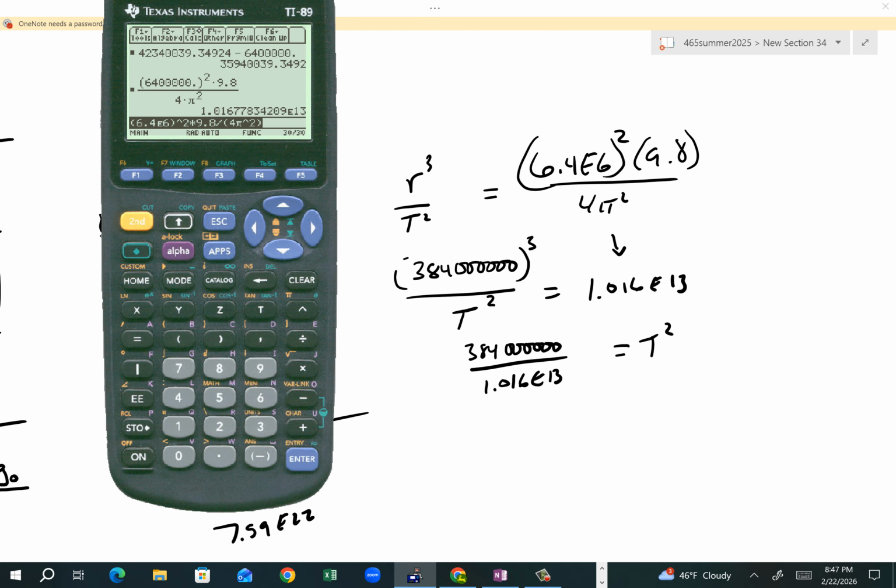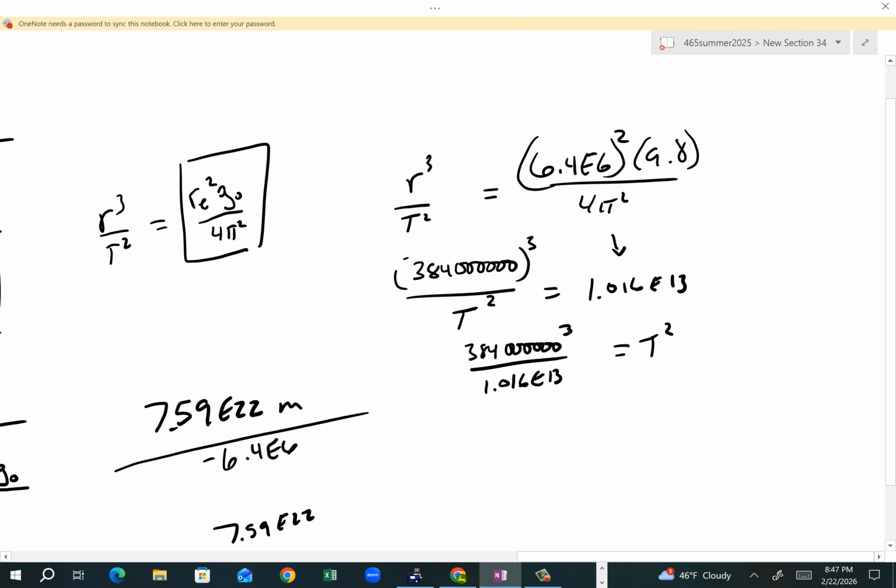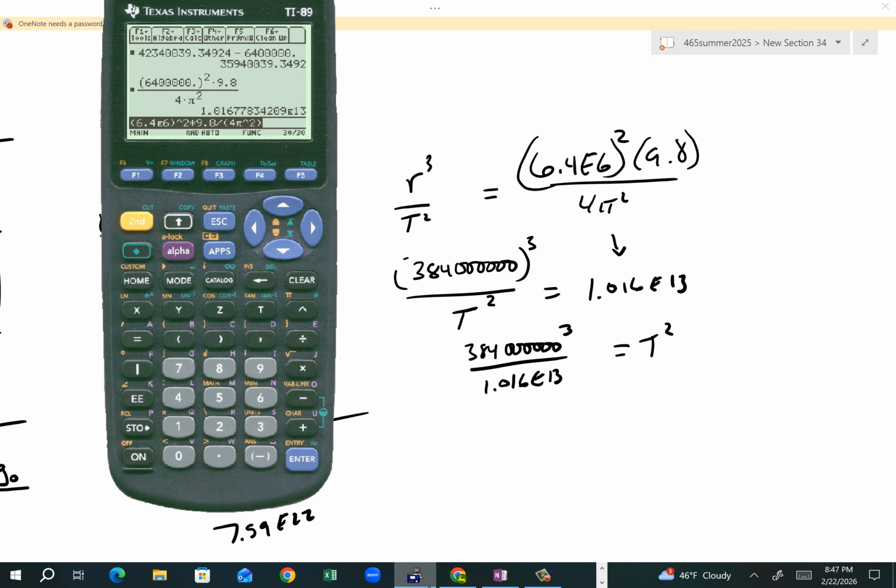And of course, that top guy is cubed. So when you do this, 384 million cubed, divided by 1.016 E13 is 5.57 E12 seconds. So if you divide that by 86,400, oh, God bless you.